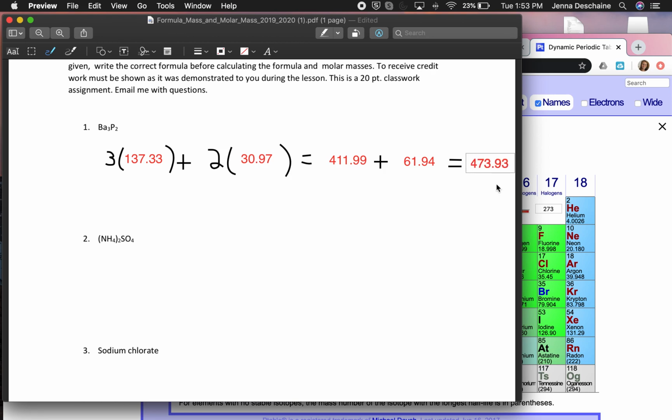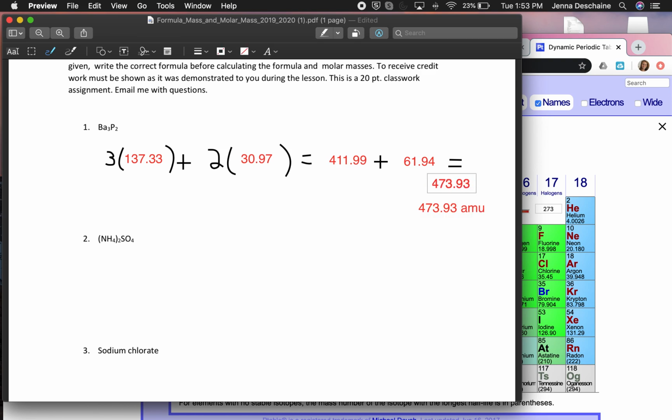Okay? So remember, there's two ways that you can go about this unit. It's either going to be grams, or it's going to be in AMU. Okay?